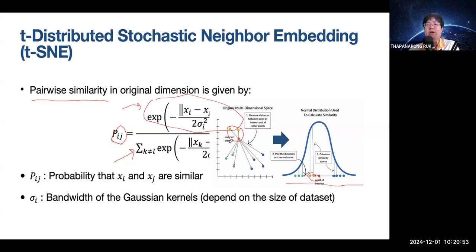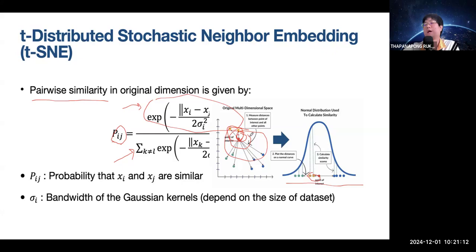So basically you create a Gaussian bell curve, but in high dimension. And the further apart points are, the further apart they should be when you map into the lower space.